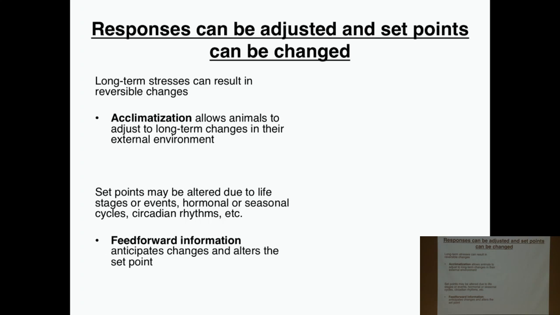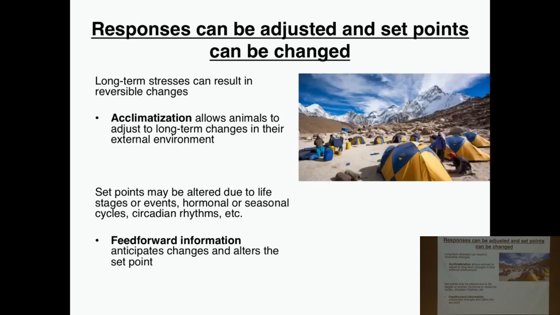So it depends. Feed-forward information would mean that the animal needs a reason to anticipate that it's going to get cold and that it starts storing brown fat before it actually gets cold. From what I understand about how that works, usually it's in response to prolonged cold exposure. So that would be acclimatization. Another example that you may be familiar with is people or animals at high altitudes.